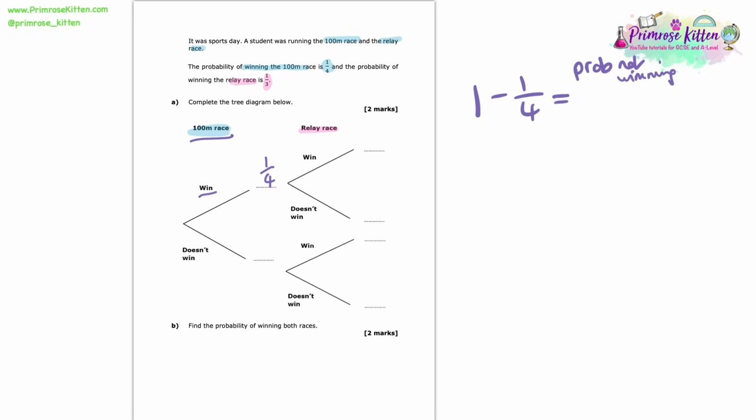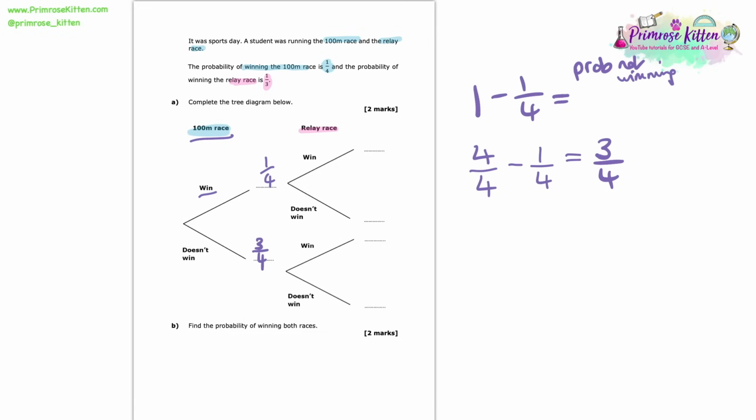You may know this straight away, but if not, we can convert 1 whole to 4/4 or 4 quarters, and then subtract 1/4 from that. And whenever we add or subtract fractions, we keep the bottom the same, but we add or subtract the top. So here we're going to do 4 minus 1 on the top, which gives us 3. So here we have 3/4 is the probability of not winning.